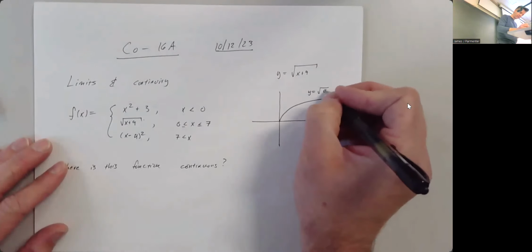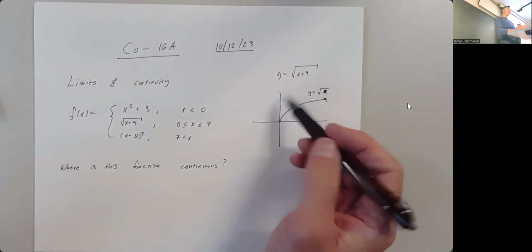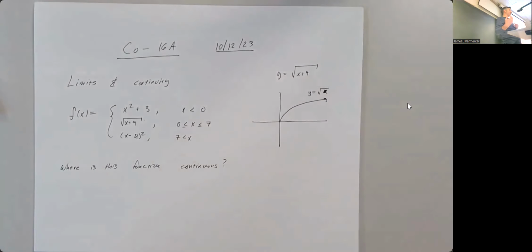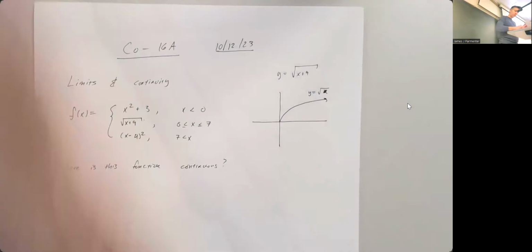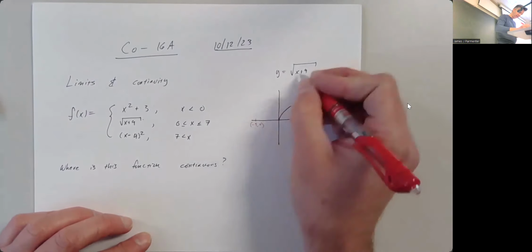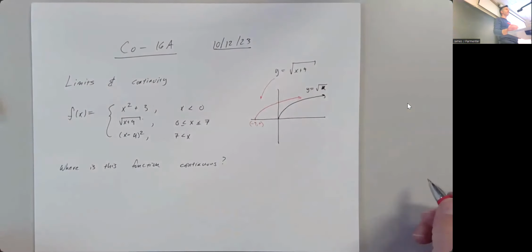Sorry, it's the square root of x, apologies. And I know that for this one, to get the same y value of 0, x has to be -9. So I'm shifting 9 to the left of where I was. So way over here at -9, 0 is where that function would start, and it would look like that, just shifted to the left. That's how I was thinking about it.